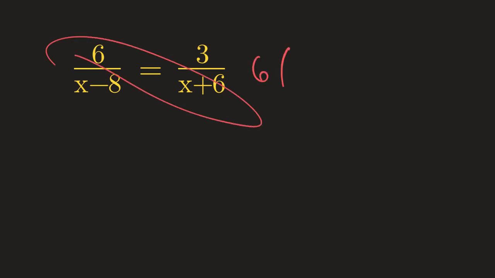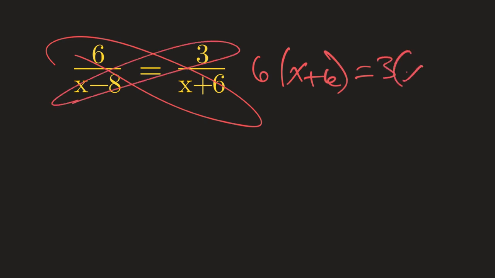I'm going to go 6 times x plus 6 equals, and then I'm going to go back the other way, 3 times x minus 8. Doesn't matter which one you do first. The initial equation is basically going to be the same. 6 times x plus 6 equals 3 times x minus 8.